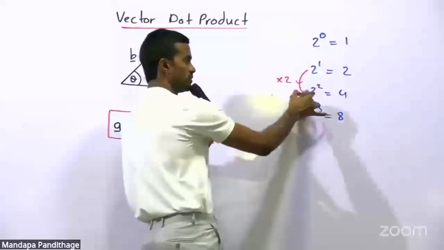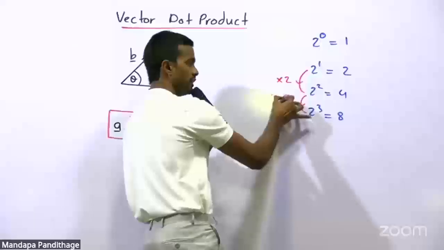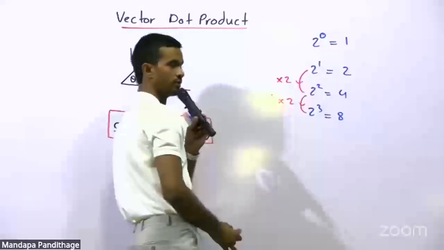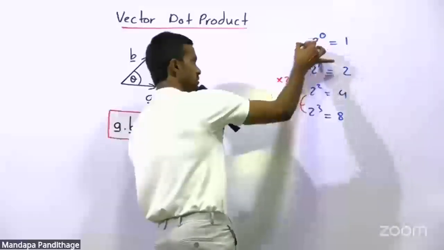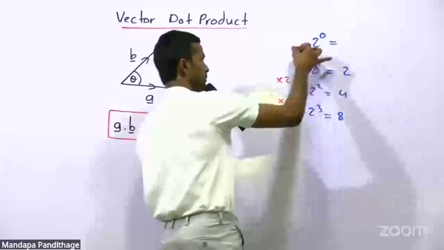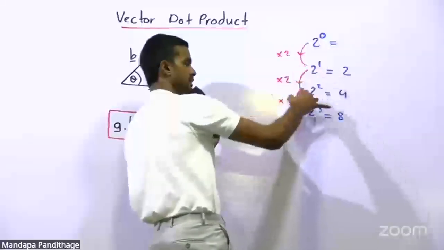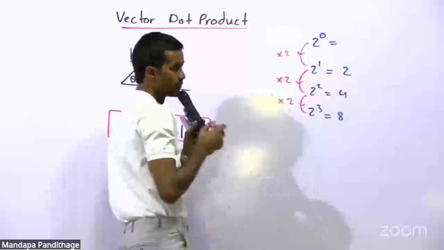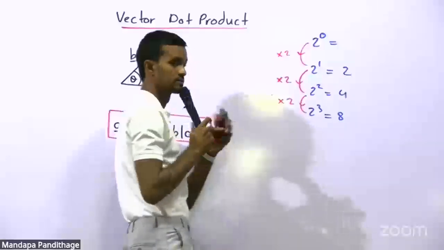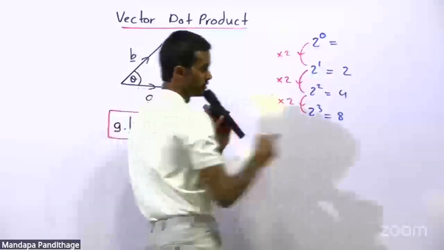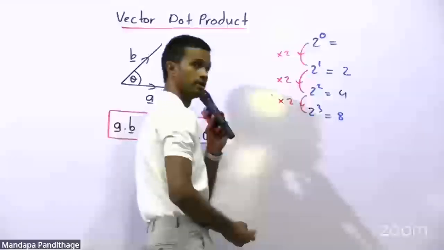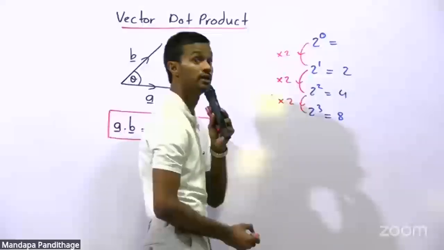How does 2 to the power 2 become 2 cubed when you multiply by 2? When you multiply by 2, you get this, and you get this. If I want to go in reverse, from here to here, what should I do? Divide by 2.